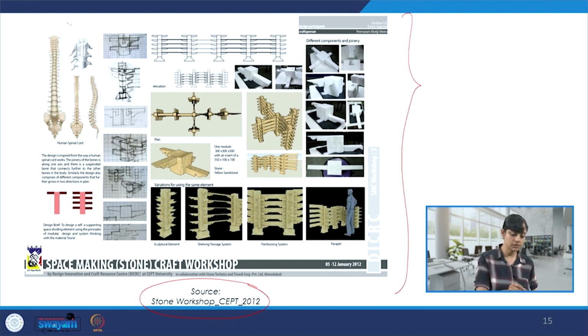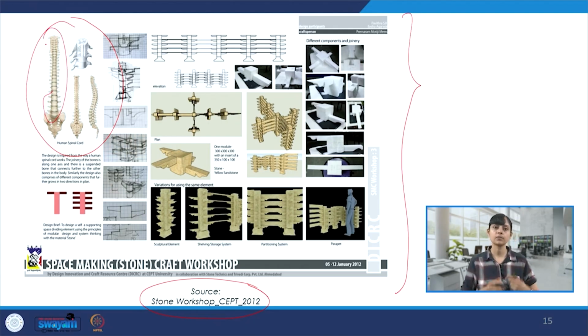So, getting inspired from the human spinal cord, and then trying to understand how the interlocking and joinery happens between these different parts.